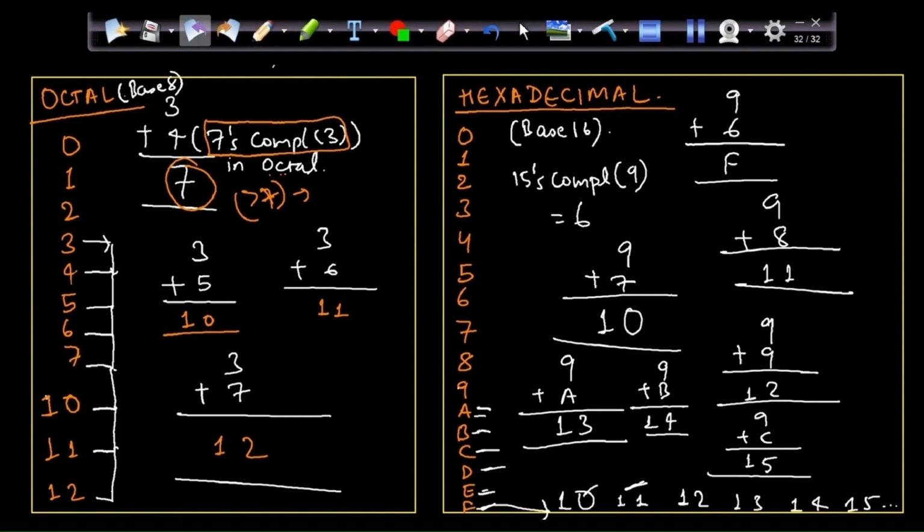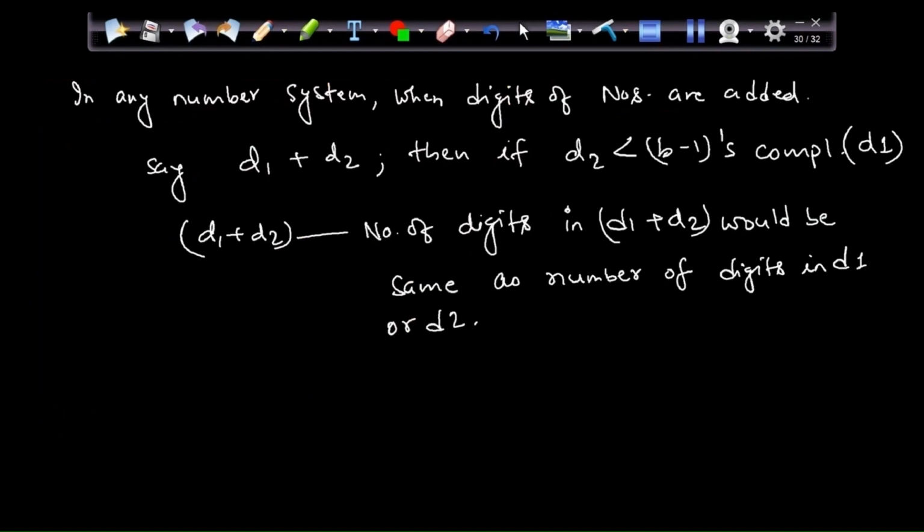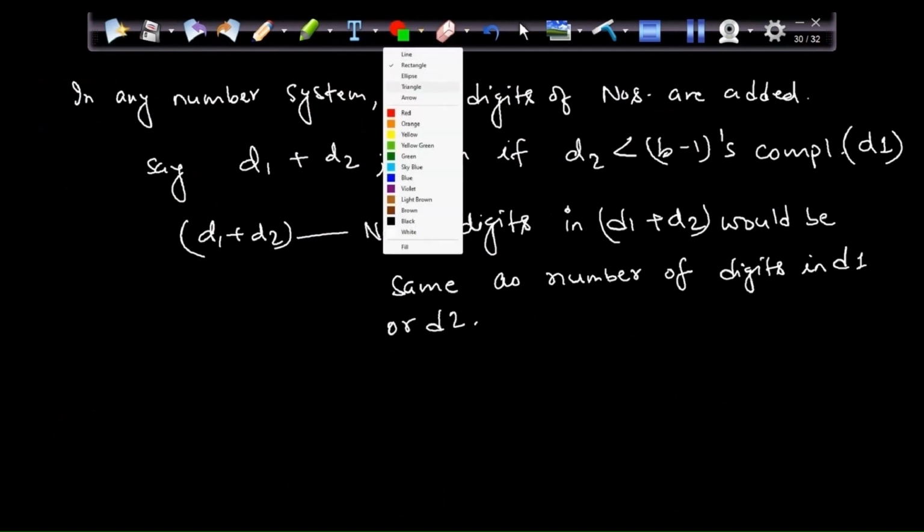So this is one takeaway that we have seen. Let me put it in a box.